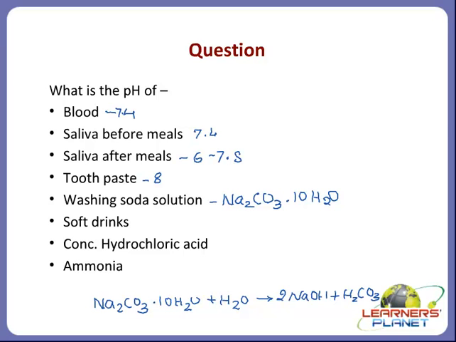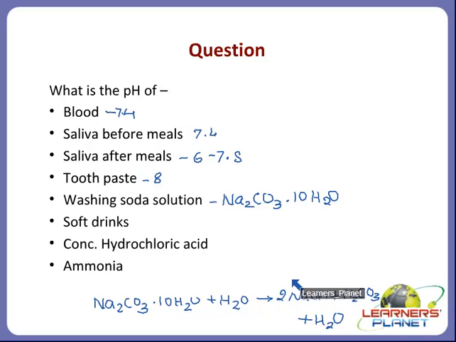Got my point? And water, of course. So here what is happening? What is formed here is sodium hydroxide, which is a very strong base. Is my point clear? And this is carbonic acid, which is a weak acid, right?